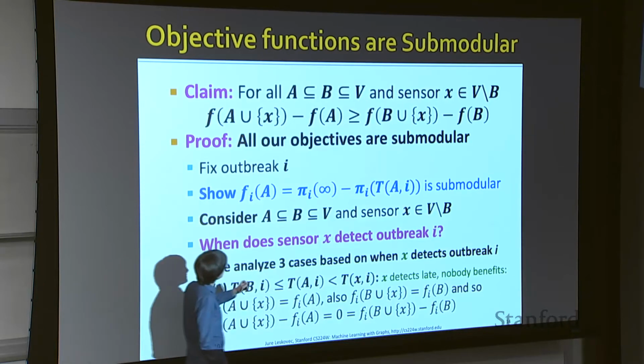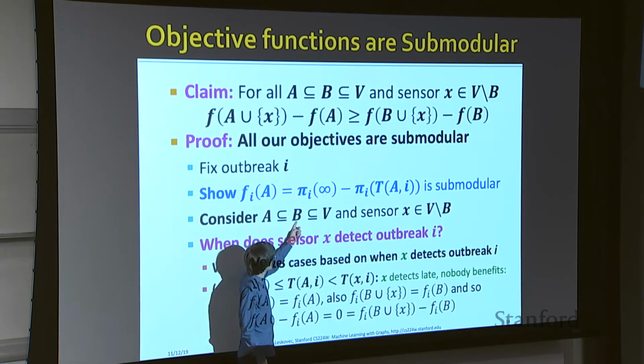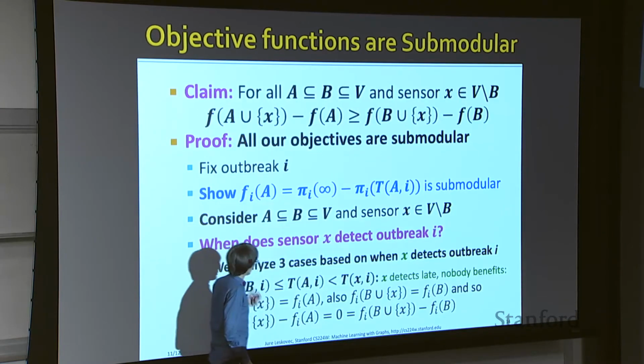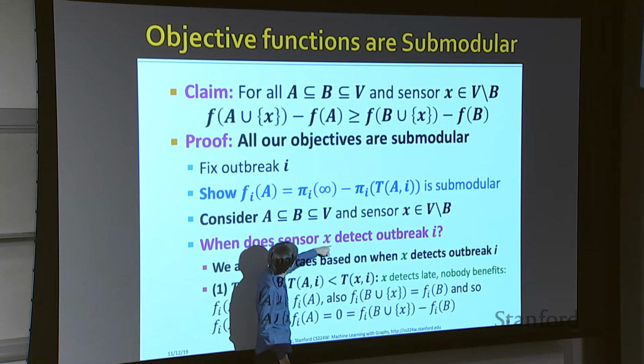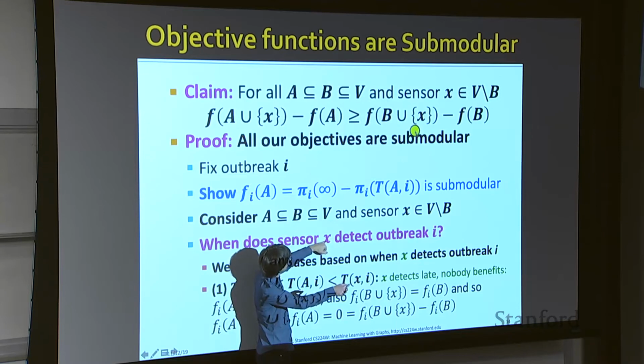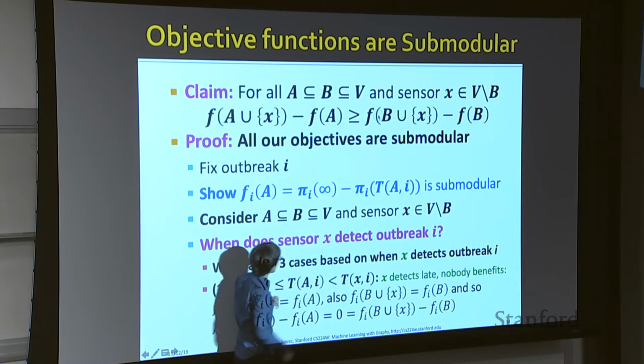So what I'm considering is a small placement, and a superset of it, a bigger placement. And then the question is, when does this sensor X that we are considering adding detect the outbreak I?